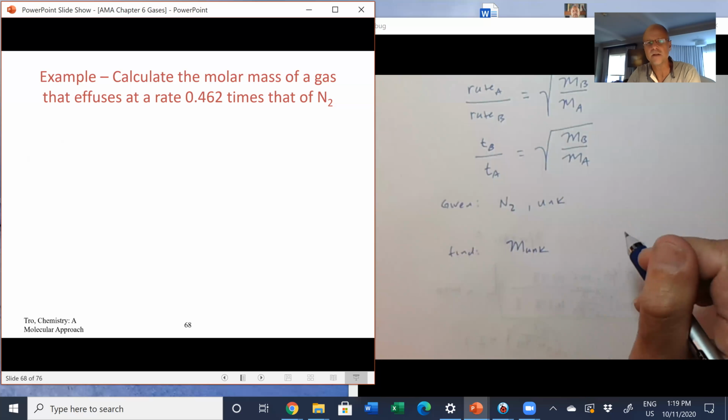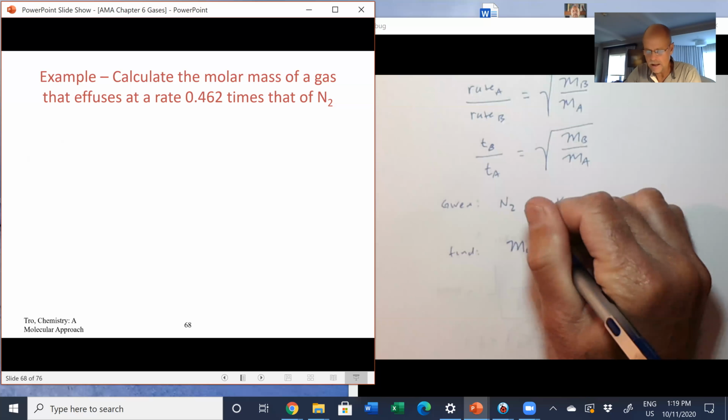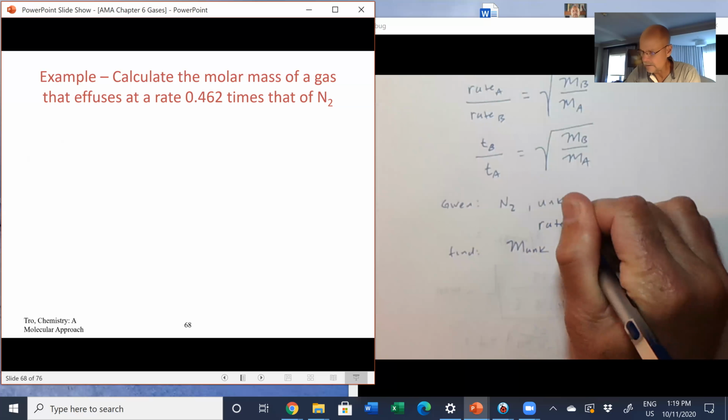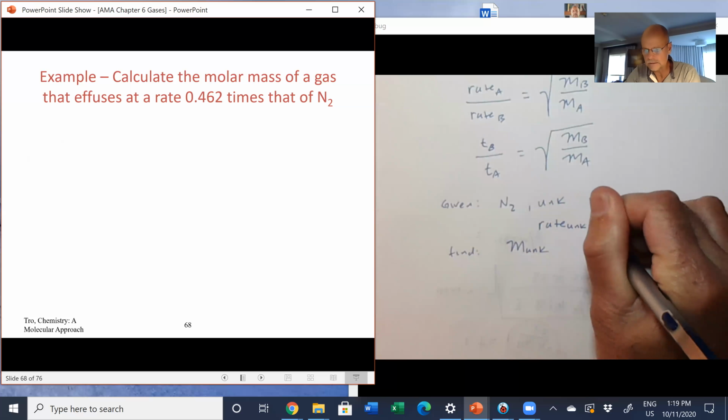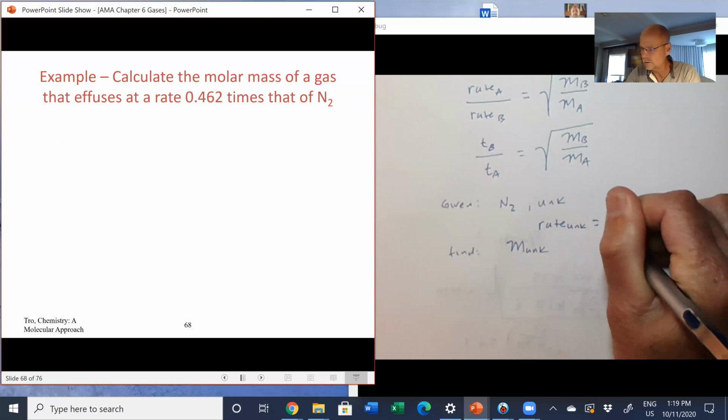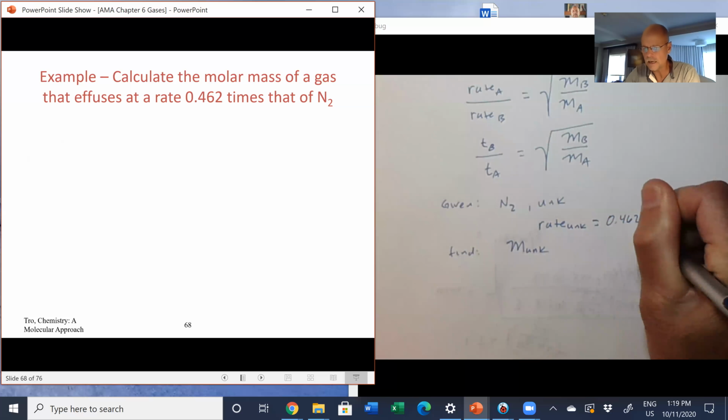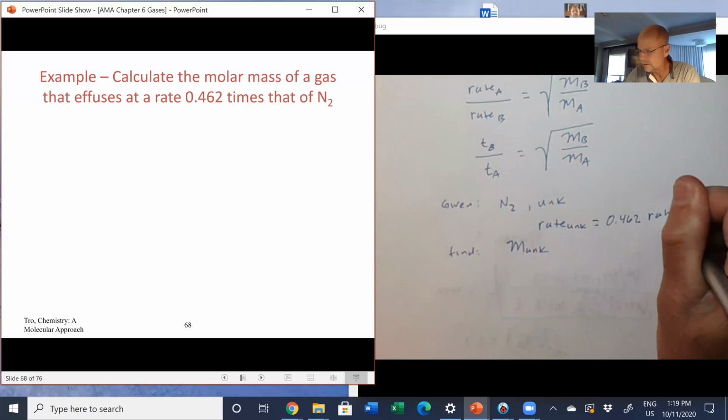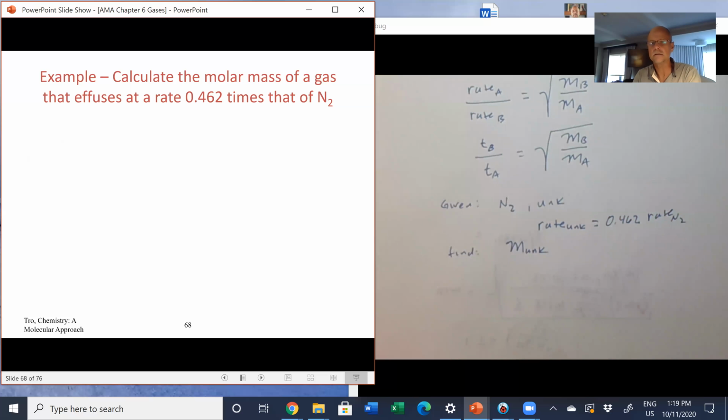Here's where you've got to do a little bit of interpretation, right? You've got to interpret what that means. So we're going to write it like this. The rate of the unknown gas is equal to 0.462 times the rate of nitrogen gas, right?